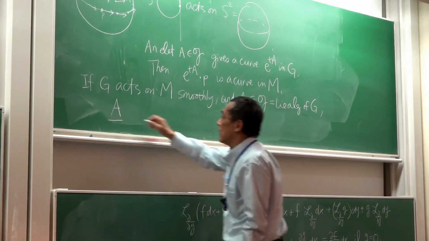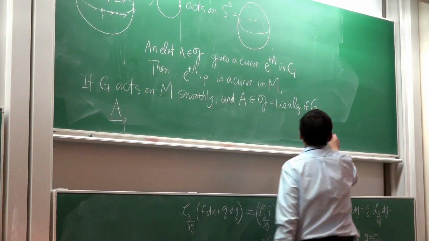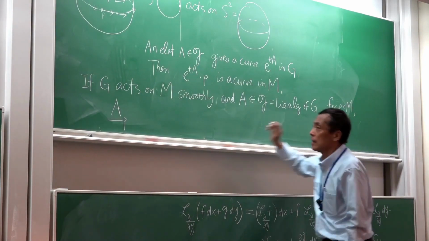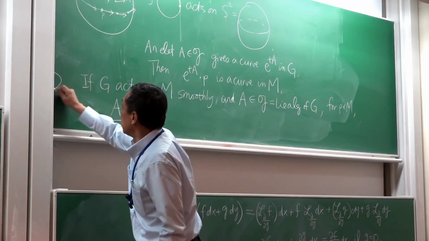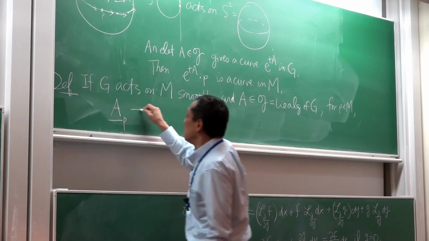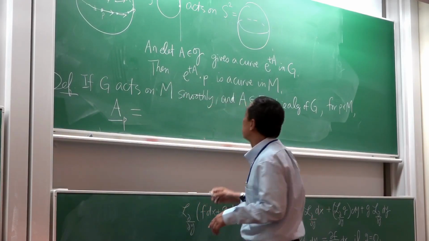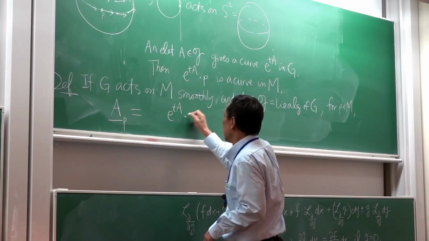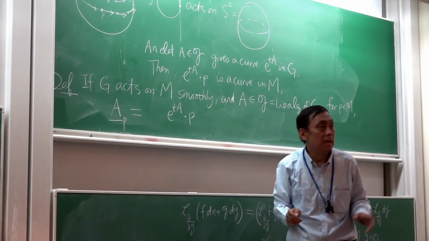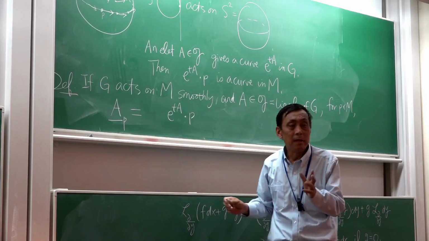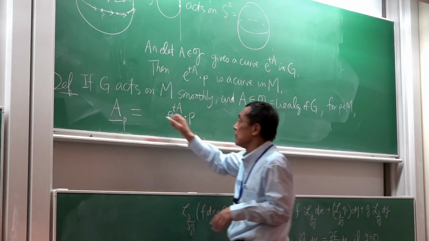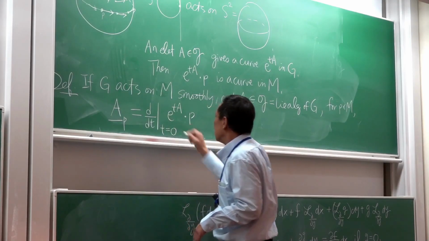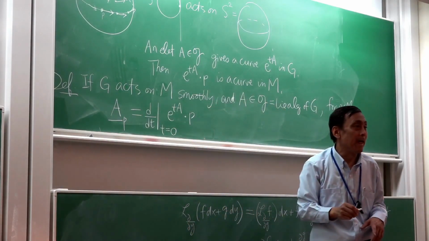So A bar at P, for each point P in M, I make this definition. A bar at P is this curve e to the tA dot P, and then you take its initial vector. That means you differentiate with respect to t and evaluate at t equal to 0.